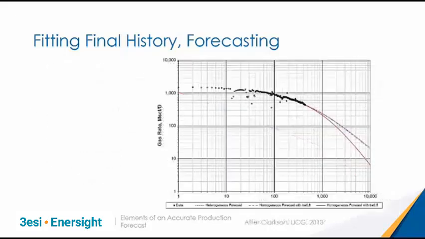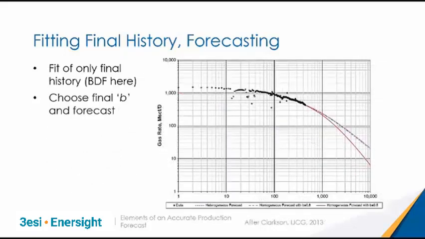All right, here's another example with some less ideal data. We have begun to see the effects of the boundaries in this particular case, but we've just begun to see the effects of the boundaries. What's going to happen in the future? We've got to make a judgment. I show two different forecasts here. One, which might be appropriate for a kind of a homogeneous reservoir with an ARPS B of 0.5.